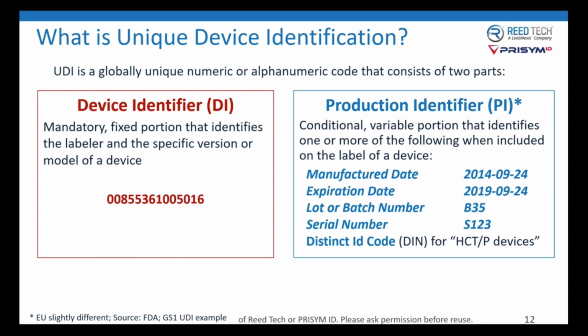I'm using GS1 just for illustration purposes here, not an endorsement necessarily, but they do certainly represent the largest use in the industry. But that UDI then is simply the device identifier and the production identifier, whether it's 0 or any combination of those controls up to all of them.